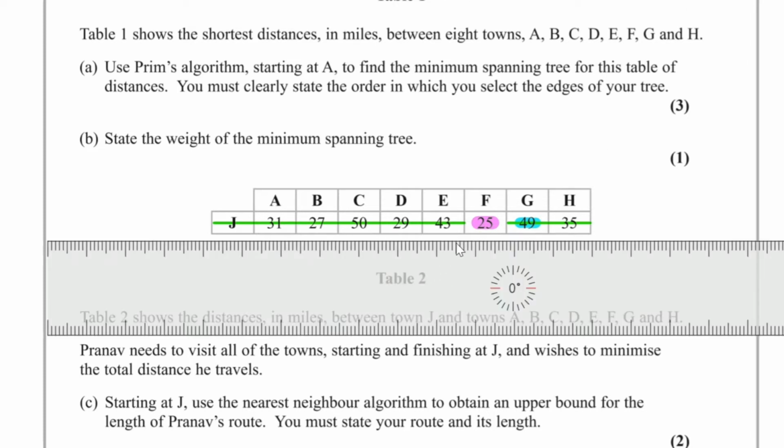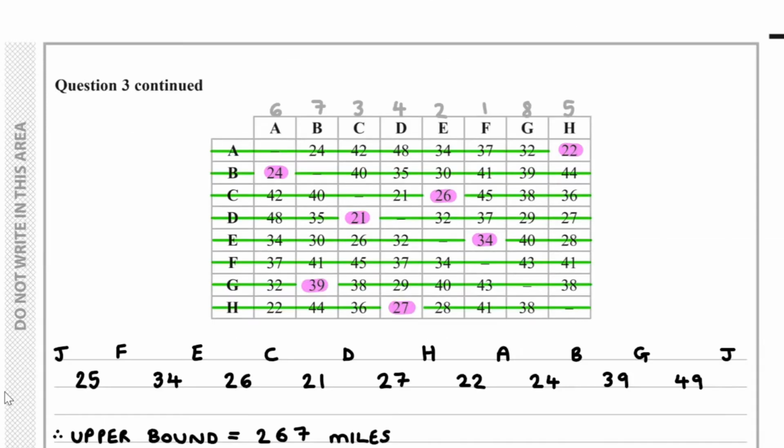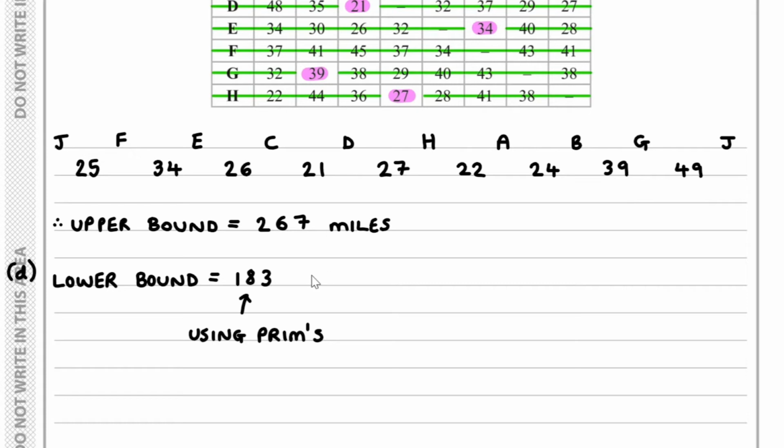Those two smallest values are the 25 and the 27. So we add on 25 and 27. And if we work all of this out, it turns out we get 235 miles.